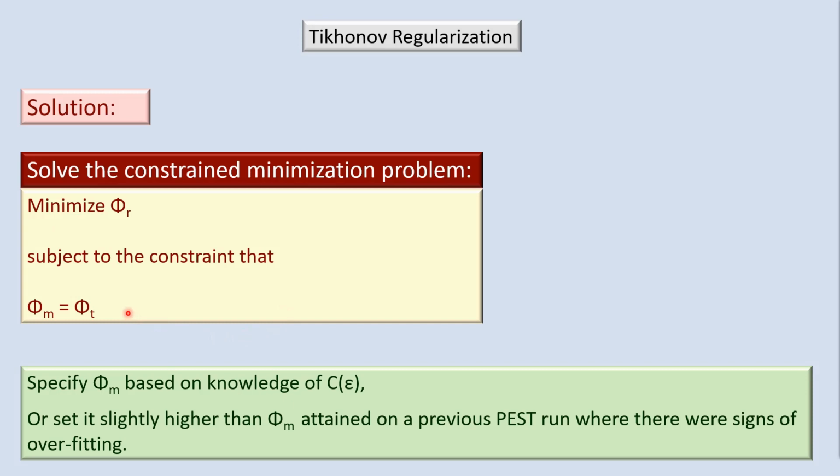As I said, perhaps 5-10% greater than the fit I know I can get, and that last 5 to 10% will give me probably a parameter field that I like a lot better than the overfitted parameter field which I previously achieved.